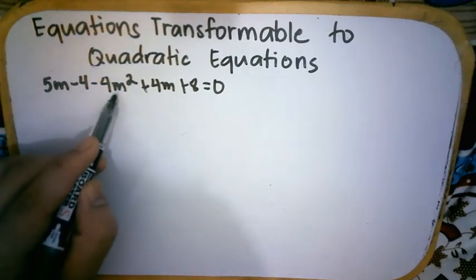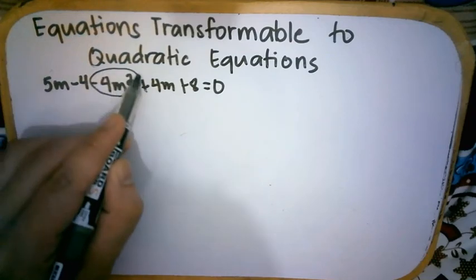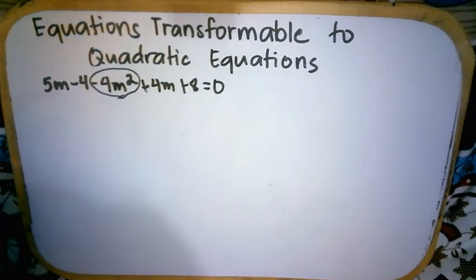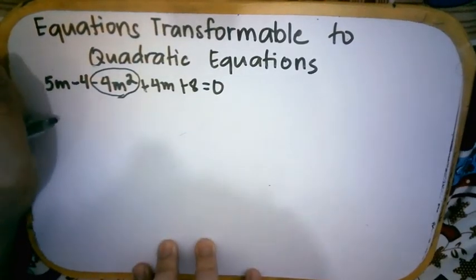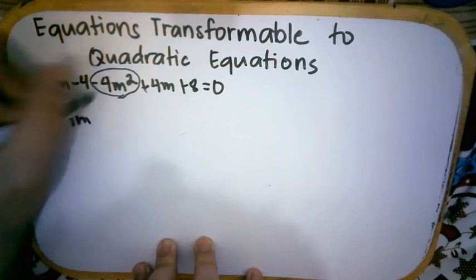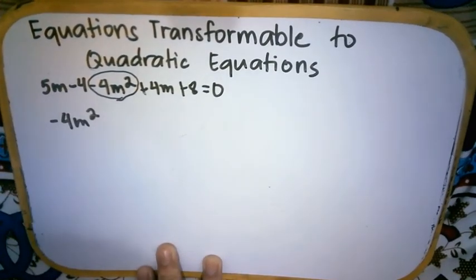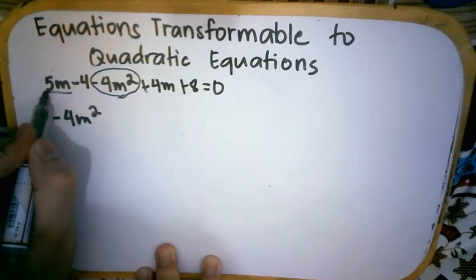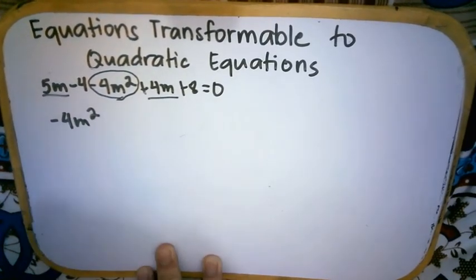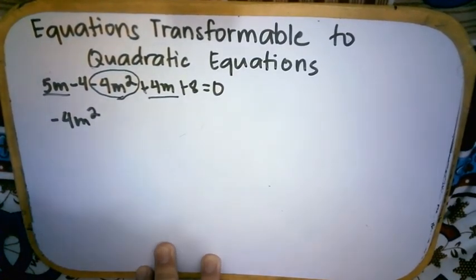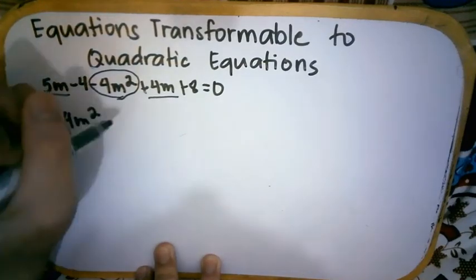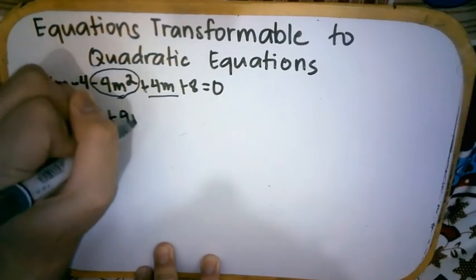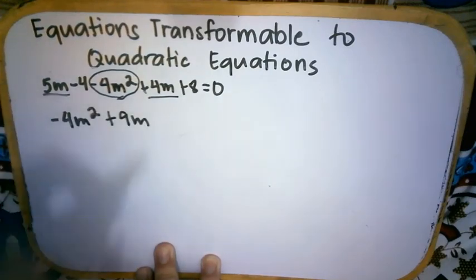So, we have here negative 4m squared. So, if we're going to observe, wala naman siyang kapartner or wala namang other like terms. So, simply bring down. We have negative 4m squared. After that is yung may m na variable. We have 5m and we have positive 4m. So, if we are going to combine them, so we will have 9m since 5m plus 4m is 9m.